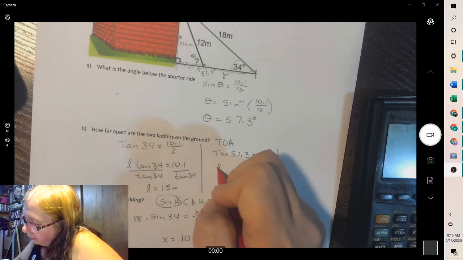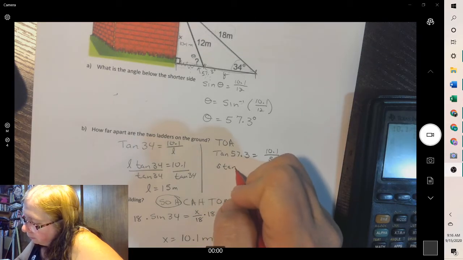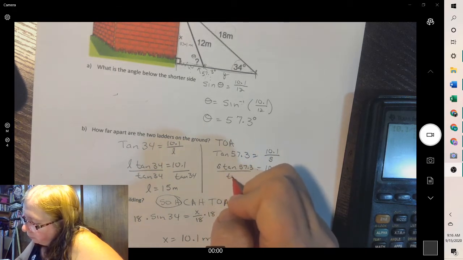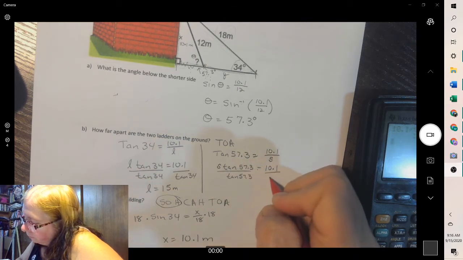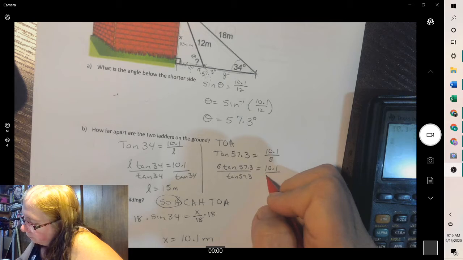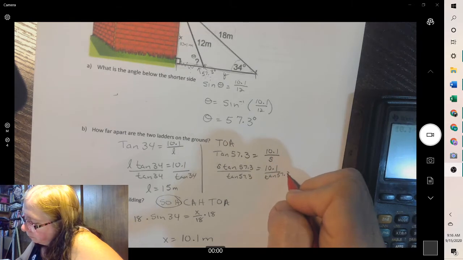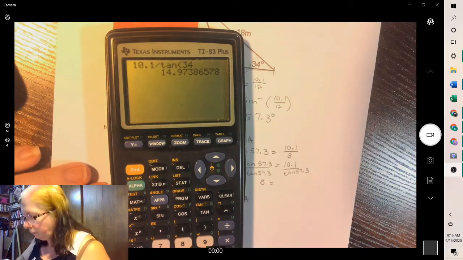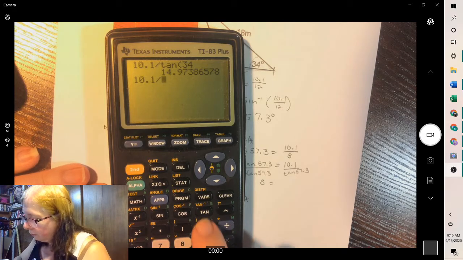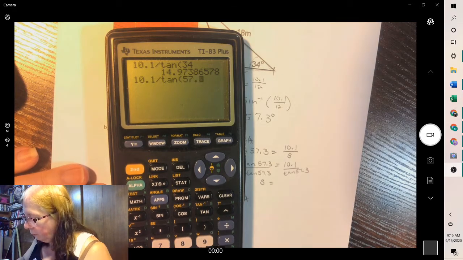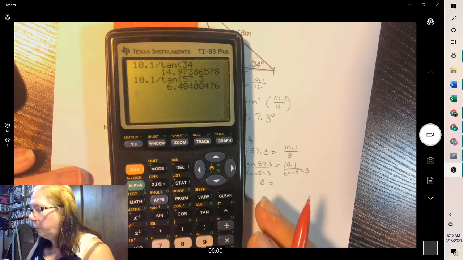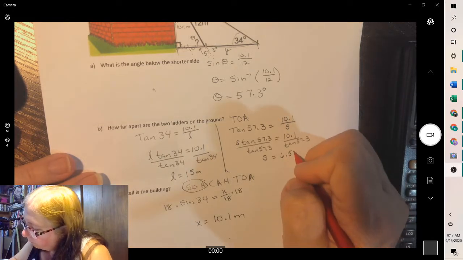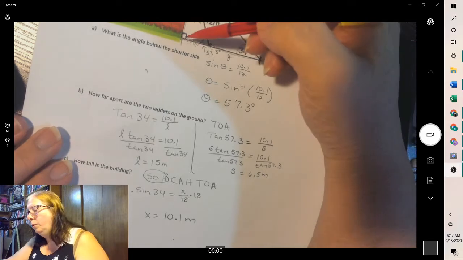Multiply the s to the other side and divide by the tangent. And just plug that in. 10.1 divided by the tangent of 57.3, and we get 6.5 meters. So this short distance is 6.5.